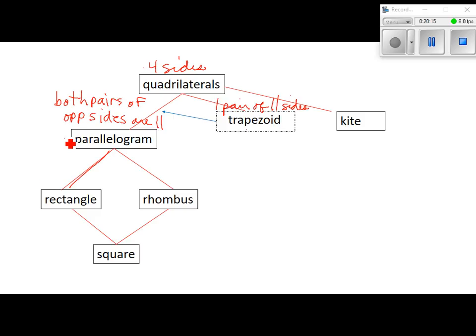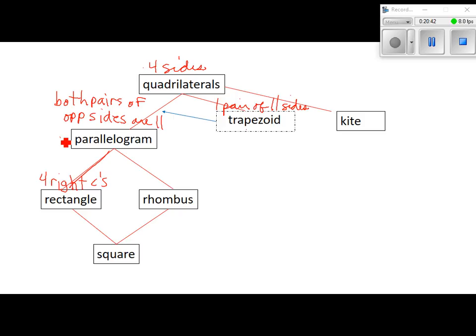But what we usually say about rectangles is it has 4 right angles. That's just a key property. But if we were trying to prove it's a rectangle, and we already know it's a parallelogram, then you just show one of the angles is a right angle, and then you'll be able to figure out all the rest of them have to be right angles because it is a parallelogram. And in a parallelogram, you know opposite angles are congruent and consecutive angles are supplementary, and so on.